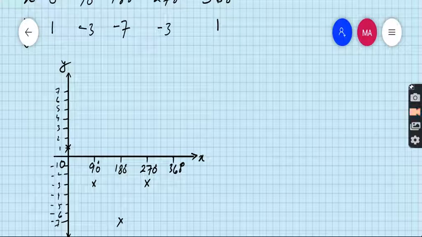And for 360, the value is 1. Kindly wait, I want to see the equation.